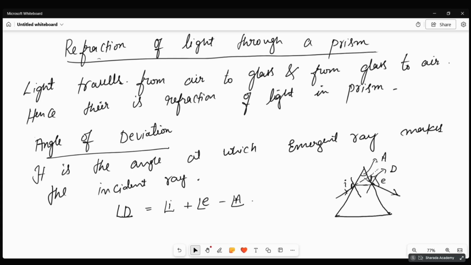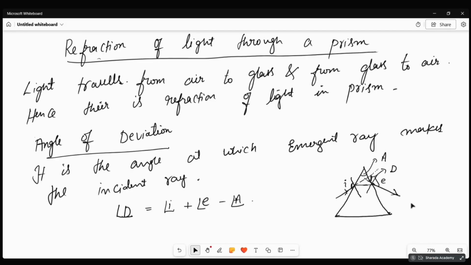So in this case, what happens? This is the angle of incidence, okay? The light which comes out of the prism, we call it the emergent ray. Again, I repeat, in a prism, light goes from air to glass, then from glass to air.